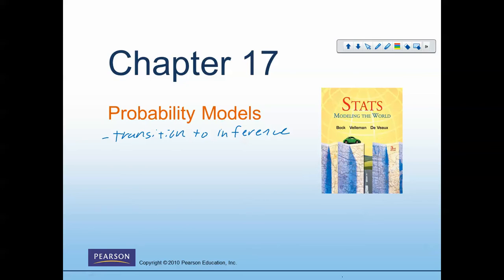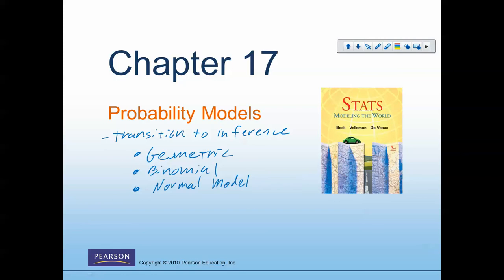So we're going to be talking about probability models. Specifically, a geometric model and a binomial model. And then finally, we're going to go back to our old friend, the normal model, because we haven't talked to our old friend in a long time.